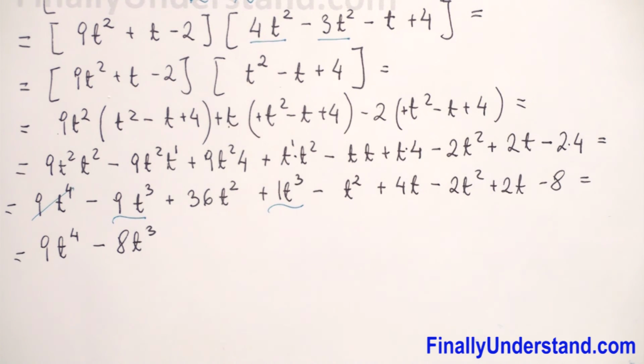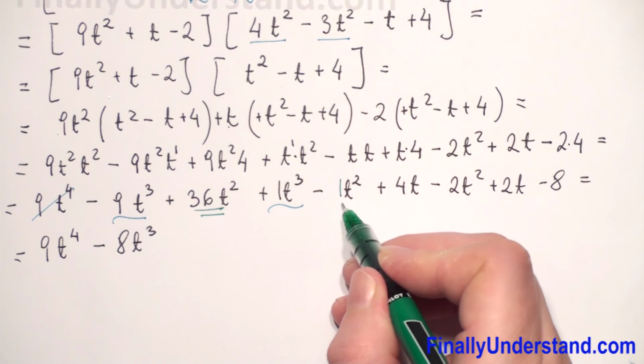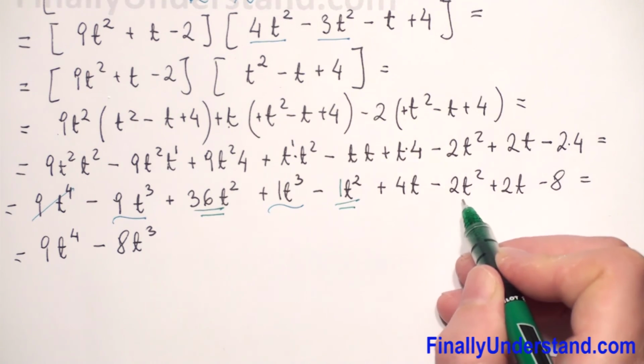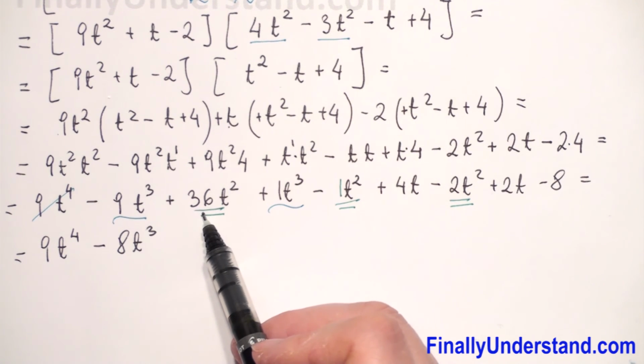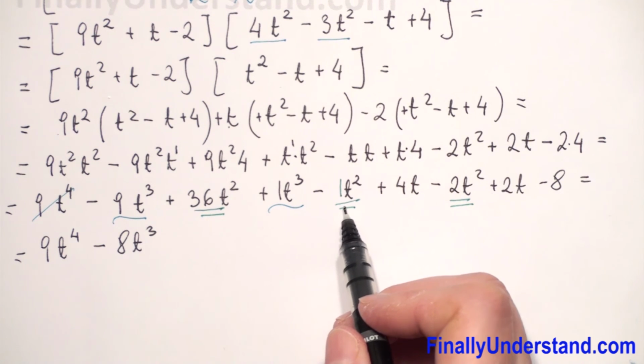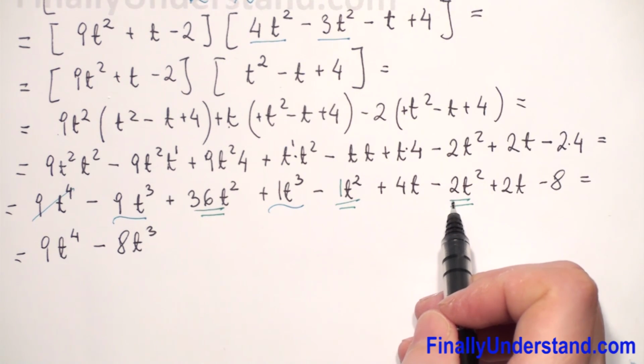Next we have 36t squared, invisible 1, we have 1t squared, negative 2t squared. So first we have 36t squared and negative 1t squared and negative 2t squared. So we have negative 3t squared.